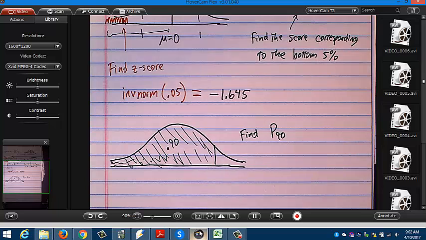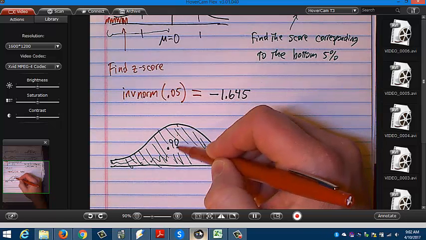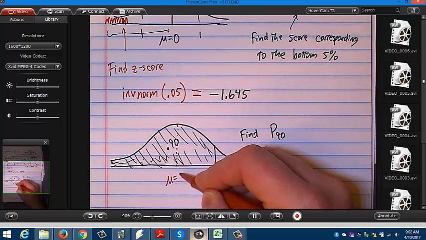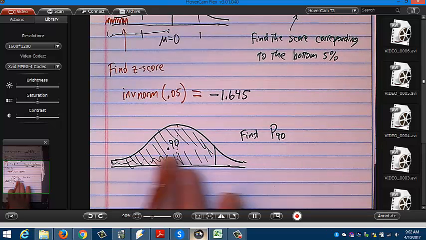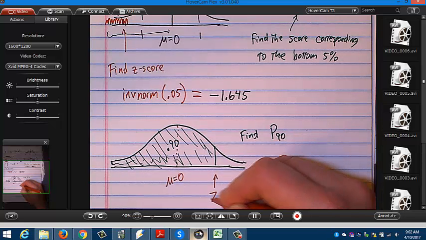So question, do you guys think the z-score is going to be positive or negative? You can tell from the picture immediately. Has to be what? Oh, I guess maybe you can't tell. I was wrong. Let me try this. You guys see this right here? That's the mean, and the mean is 0. If I want 90% of the data to be less than my z-value, I'm after this z-value, right?